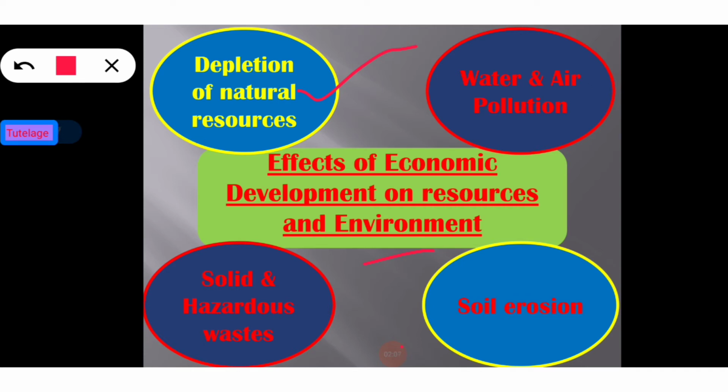So now move on to the second point, that is water and air pollution. So this is a very common thing. Industrialization and urbanization have led to the problem of water pollution.